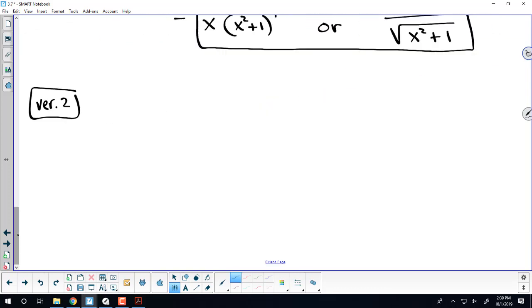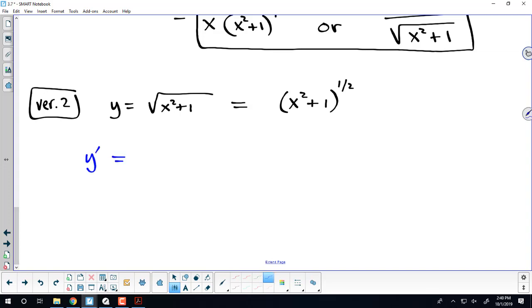Okay, version 2, I'll rewrite the function here. If we're not making any substitutions, just like we did prior to this, if you have to take the derivative of functions that involve radicals, we write those as powers. So our original function is this here. And then version 2 says we take the derivative of the outer function. What's the outer function? Right.